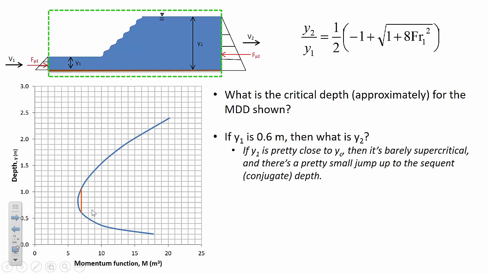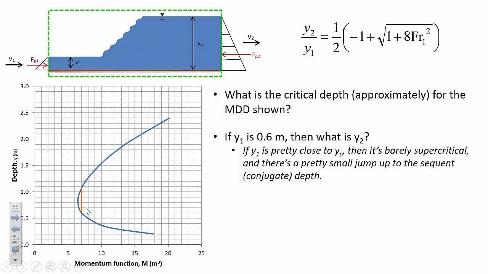Now, the y1 in this first illustration was pretty close to the critical depth. If critical depth was 0.8 and the y1 that we're talking about is 0.6, then what we can think of is that that's barely supercritical flow.